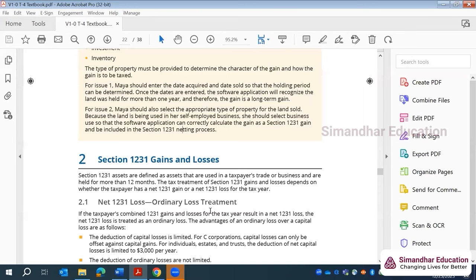And the second criteria is that you have held the property for more than 12 months. So first is that you're using the property in your ordinary course of business, and the second is that you're using the property at least over a year. Okay. If you satisfy both the conditions, then it is treated as a section 1231 asset.